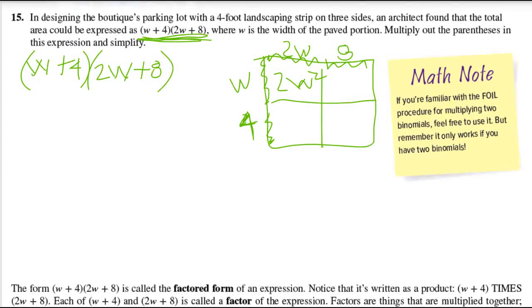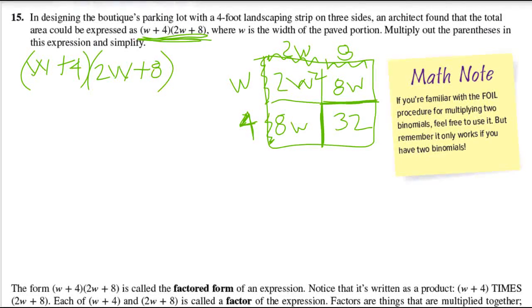The area of the lower left is 4 times 2W, or 8W. The area of the upper right is also 8W because I multiply 8 times W. And the lower right then is 4 times 8. This is 4. This side is 8. The area is 4 times 8, or 32.